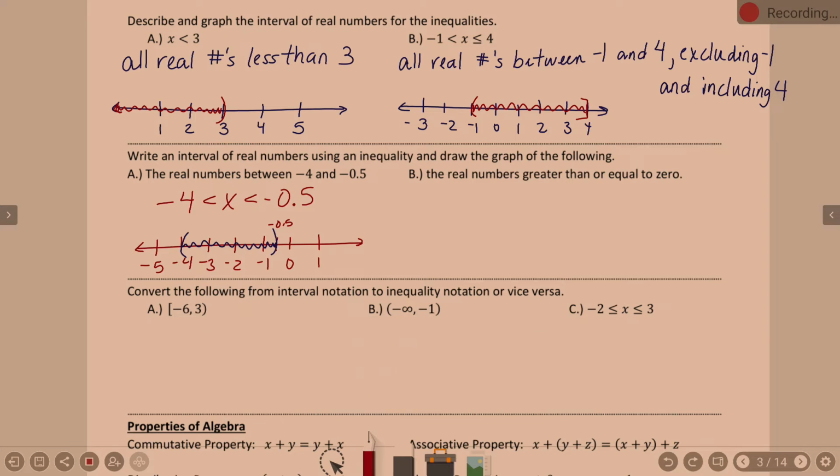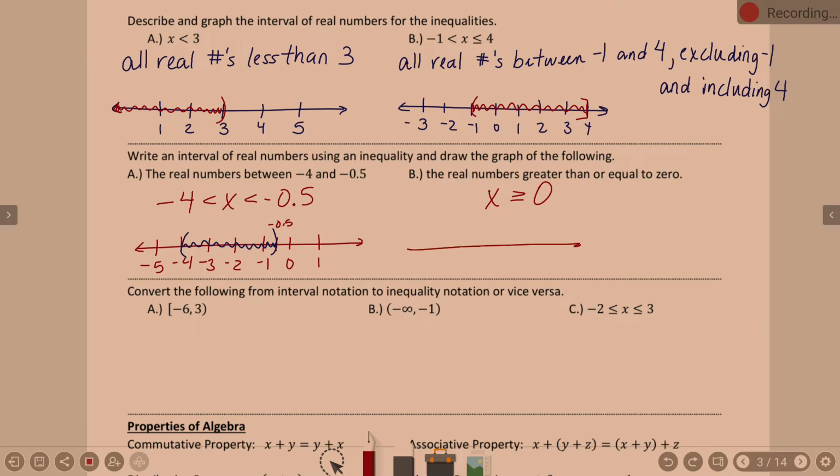Okay, good. Real numbers greater than or equal to 0 is part B. X greater than or equal to 0. Real numbers, that's just X right now. Greater than or equal to 0. That's the one that points to the right.